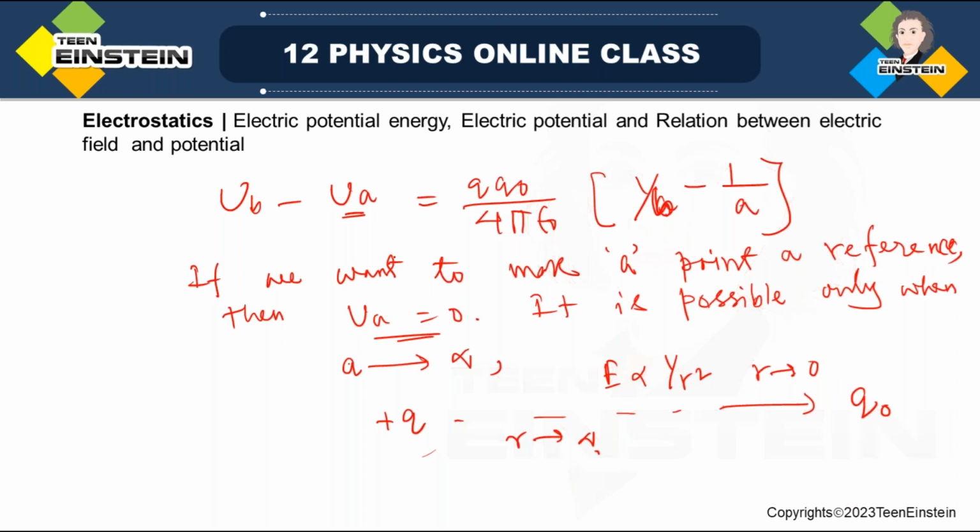Okay, so in this case also, if I keep this point at infinity, then look how the potential energy term could be written.